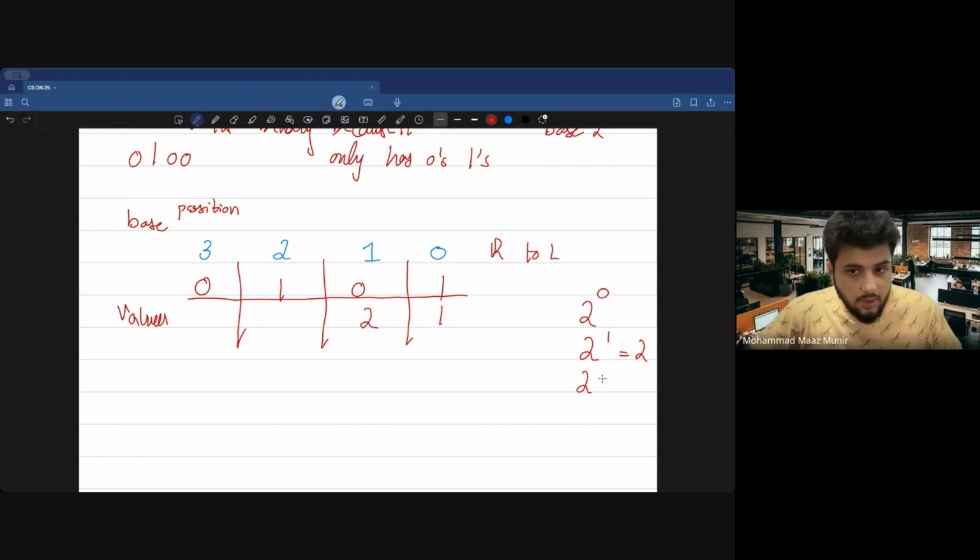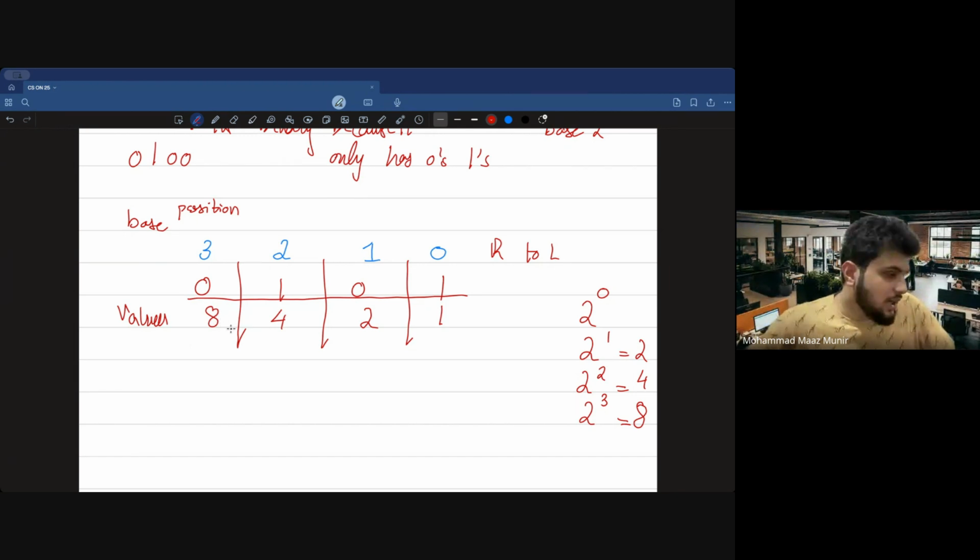Then 2 raised to power 2 is basically going to be 4. Then 2 raised to power 3 will be 8. So the value for the third element will be 8. Binary has specific values attached to each specific position.